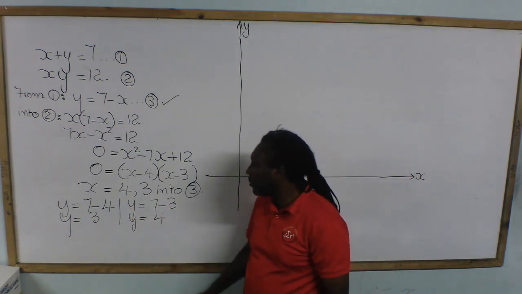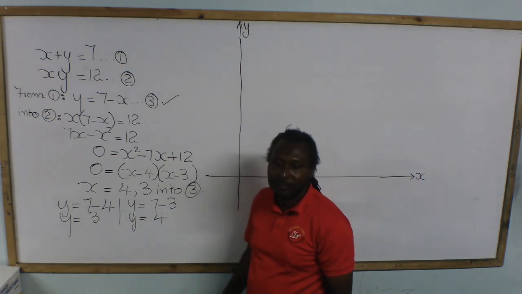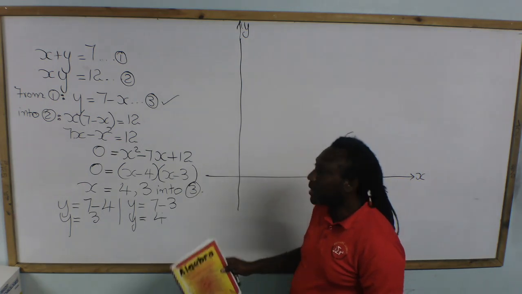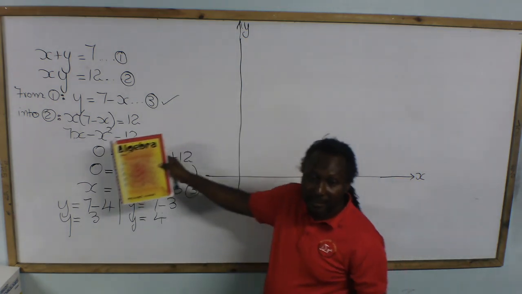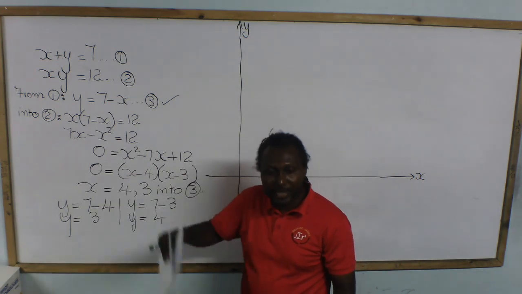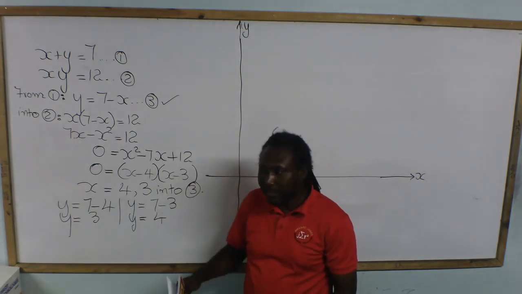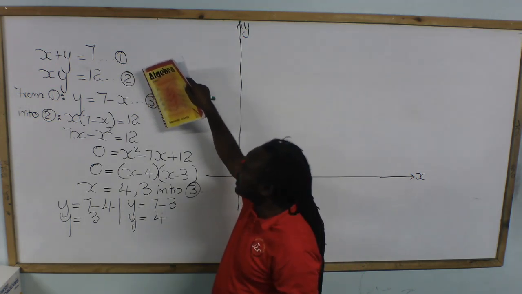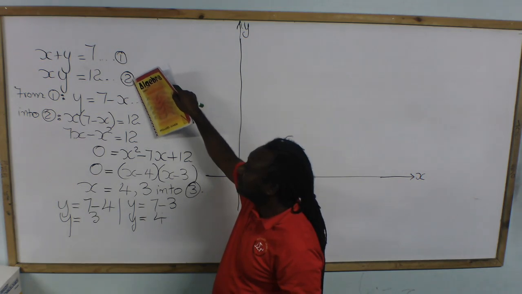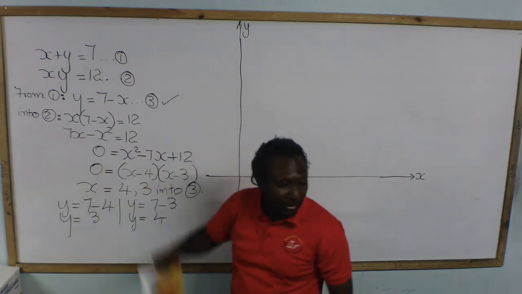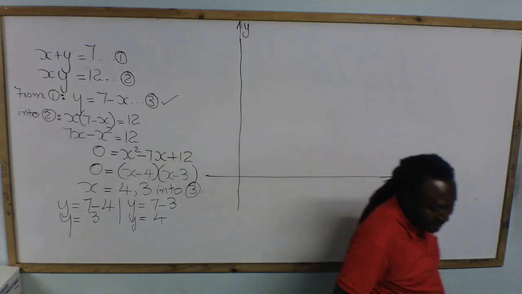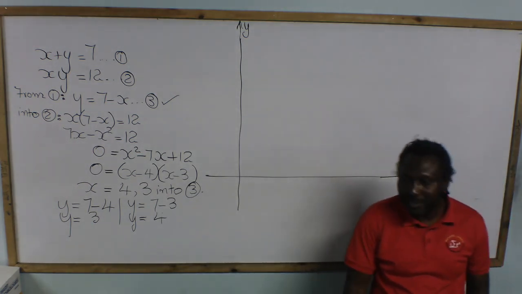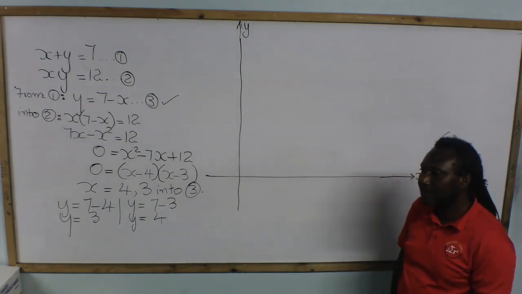But you cannot just say x is equal to 4 or 3, y is equal to 3 or 4. Because when you solve your equation, you're actually finding points with coordinates on a graph where this line intersects with what? This curve. You are finding the points where the line and the curve intersect.